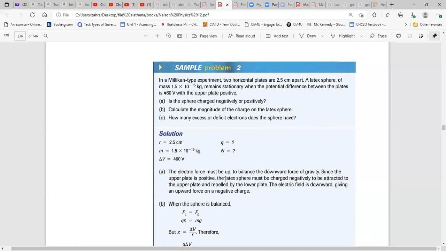Since the upper plate is positive, and the lower plate is negative, and we know the force of gravity F of g is downward, of course the electric force should be upward if they are to cancel. So this Q here needs to be attracted to the positive plate. So it should be a negative charge for it to be attracted to the upper plate.